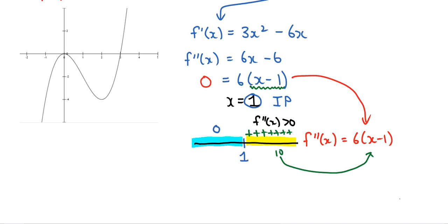If I plug 0 back into my second derivative, I get 6 times 0 minus 1, which is a negative value. So this region will be negative, and that means my second derivative, f double prime of x, is less than 0.